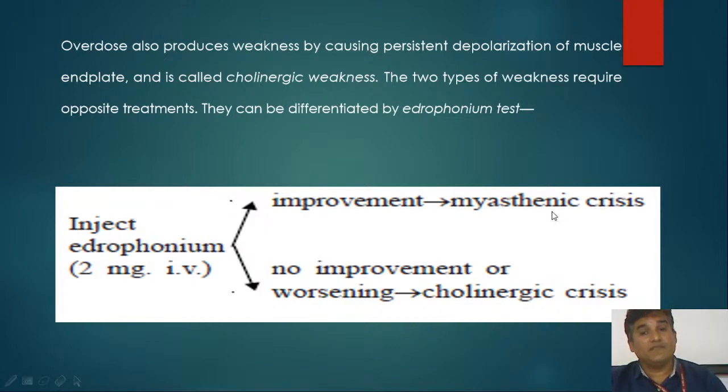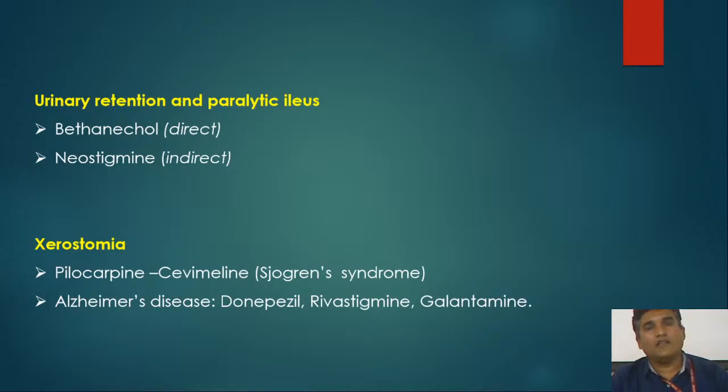If there is an improvement, it means a myasthenic crisis; if there is no improvement and it worsens, it is a cholinergic crisis. Other uses are in urinary retention, with bethanechol or neostigmine, and in xerostomia, the dryness of the mouth, with pilocarpine. For Alzheimer's disease, donepezil, rivastigmine and galantamine are frequently used.